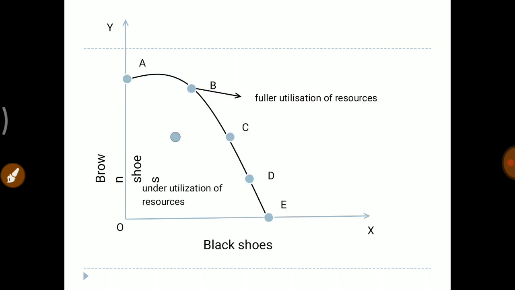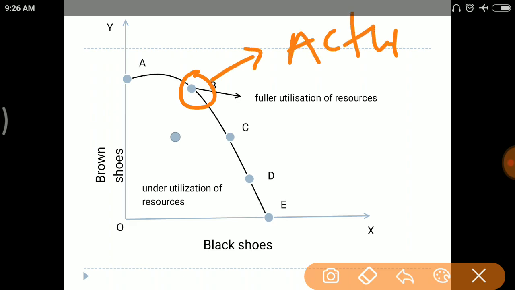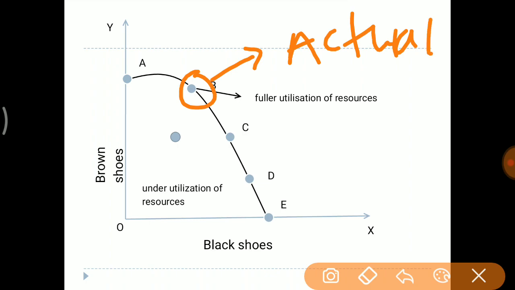Suppose I had 1 hectare of land and it is fully utilized with efficient technology and the full resources have been used, chances are I can achieve my potential level, and this may also be my actual level. So potential equals actual only when your resources have been fully utilized and the technology is being efficiently used in the production of those goods.